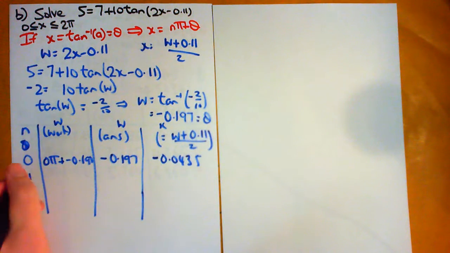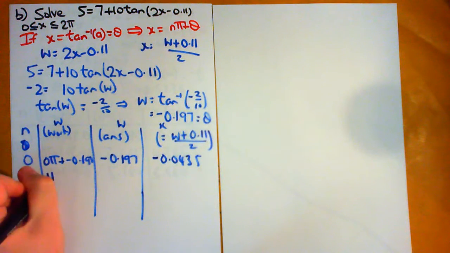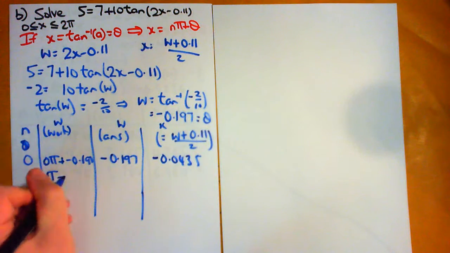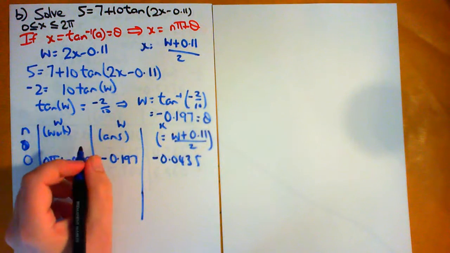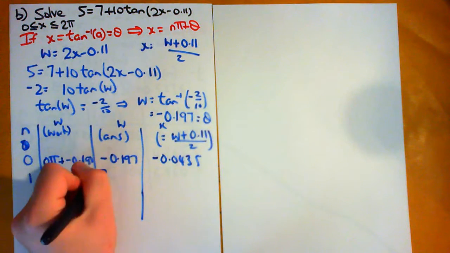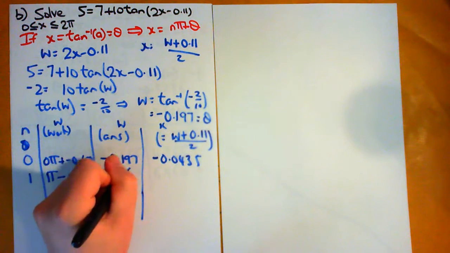For n equals 1, we get 1 times pi is pi plus negative, so minus 0.197, which is 2.945.